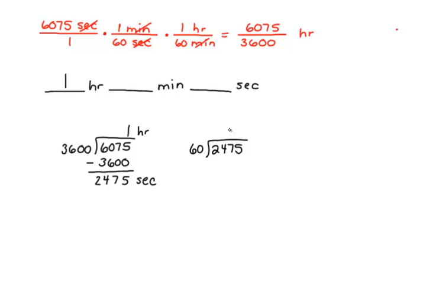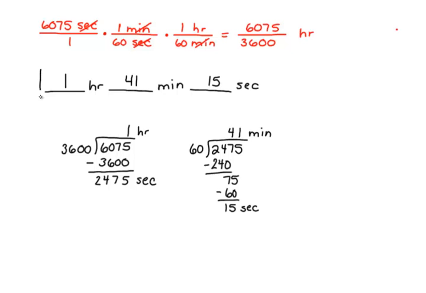Well, here it's going to go 4 times for 240, and then it's going to go in once. So this is 60. So we're left with 15 seconds here. And this is minutes up here. And so this is 41 minutes and 15 seconds.